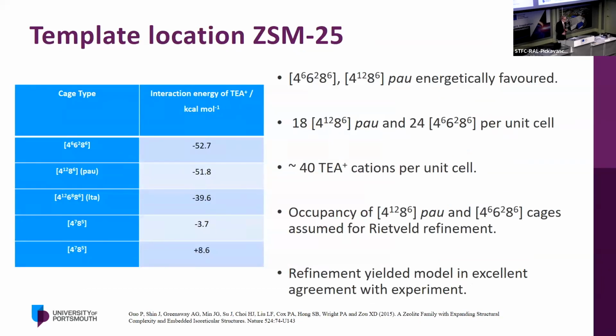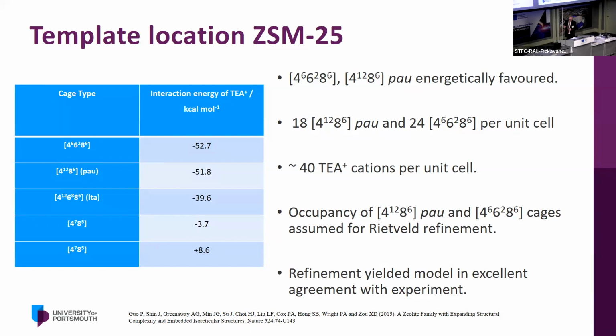And what we found is that 2 of those cages had far better binding energies than the other 3. And it fitted together very, very nicely because we know that there are 40 TEA cations within the unit cell, and if we added together the 18 and the 24 of these two different cage types, then of course that's very close to the target of around about 40.